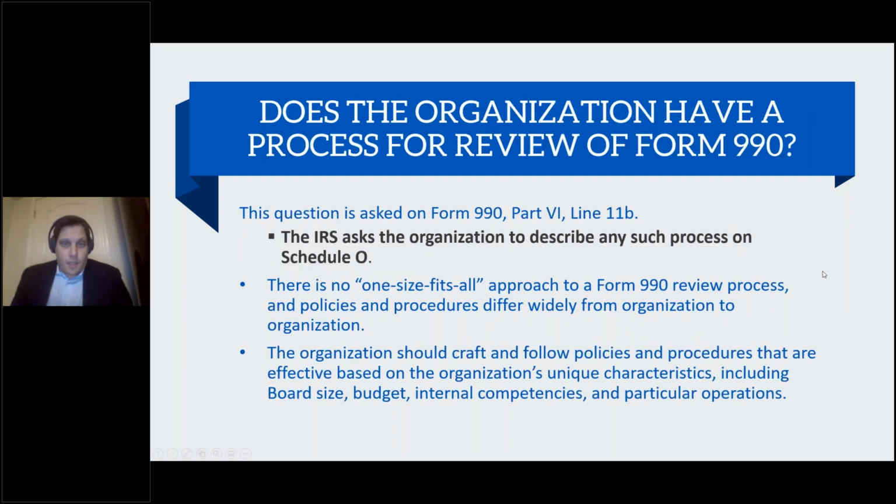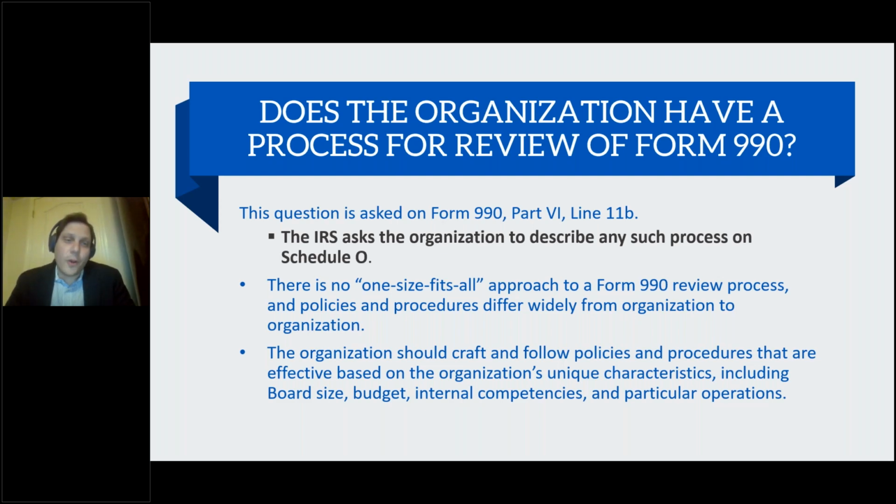Next slide, please. So that said, however, in addition to asking about whether the board has reviewed the Form 990, the IRS does ask the organization to specifically describe its process for review of the Form 990 on Part 6, Line 11B, and ultimately to elaborate and describe that process in Schedule O. So it's really something that, both from a board review perspective and from an organizational best practice perspective, you really want to make sure is taking place, and ultimately that you are reporting that it's taking place and describing the process on Form 990.